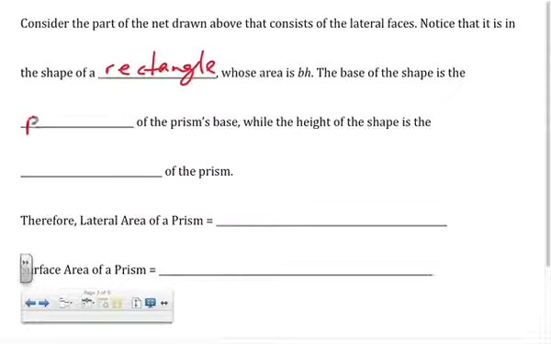The base of the rectangle is the perimeter of the prism's base, while the height of the rectangle is the height of the prism. So if I was asking you for the lateral area of the prism, what I would in essence be asking you for would be the area of that black rectangle that I had in the previous screen.